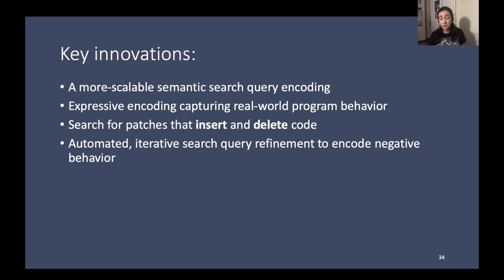In this presentation, I touched on the first two innovations, which is a more scalable semantic search query encoding and an expressive encoding that captures real-world program behavior. I didn't have time to go through other innovations like searching for patches that insert or delete code, and how we automatically and iteratively refine the search query to encode negative behavior.